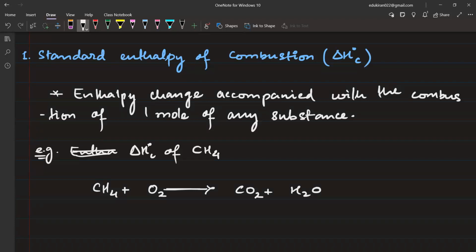Yes, Mariam. Sir, is it 4O2 and 3CO2? How will it be 3CO2? Don't you know how to balance chemical equations?